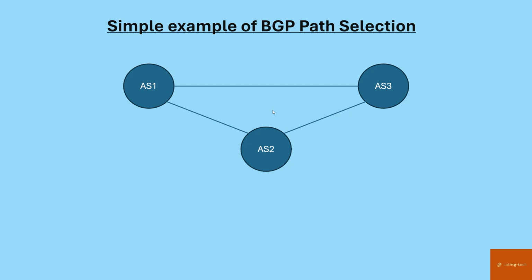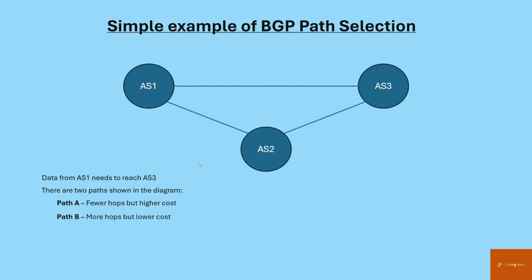This is a simple example of a BGP path selection. Before I get slaughtered by the expert network engineers, remember this is just a basic example. We're going to go into a lot more in-depth examples as we go through the BGP course. Let's say that data needs to move from AS1 to AS3. There are two paths shown in the diagram. Path A: fewer hops but higher cost.